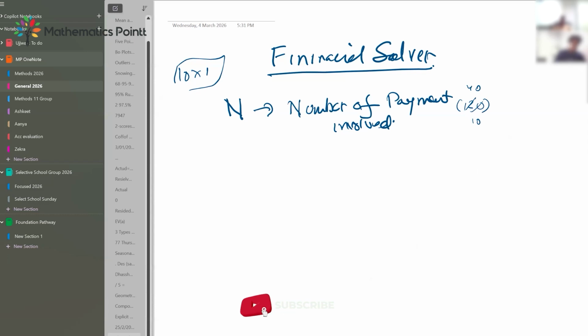So it is very important to understand the total time frame, the number of years written in the question, but the actual N is the frequency times the number of years, right? Monthly payment is 12 in a year, and 10 years makes it 120, right? Number of payments involved during the course of the problem from start to finish.